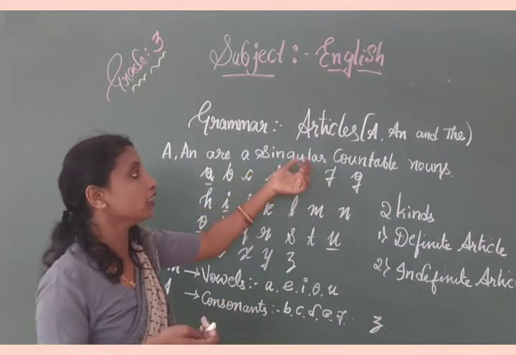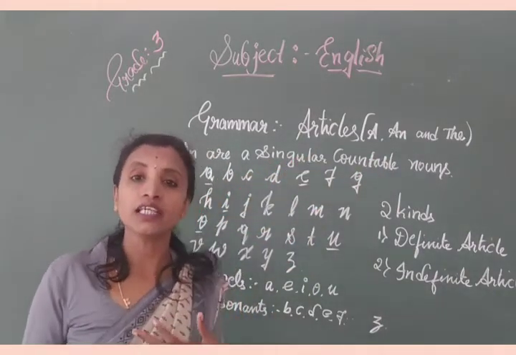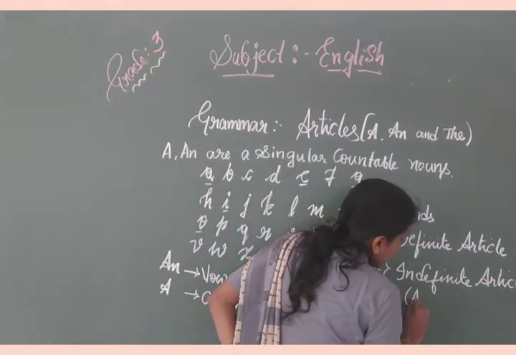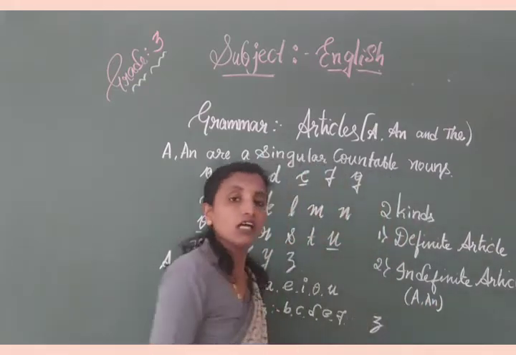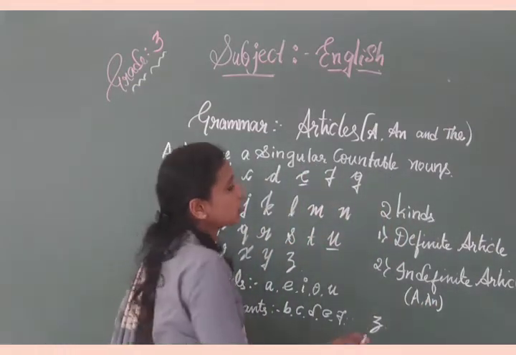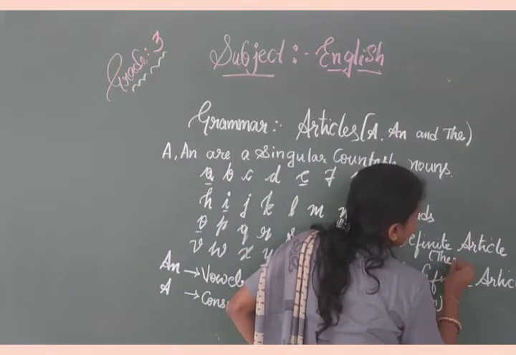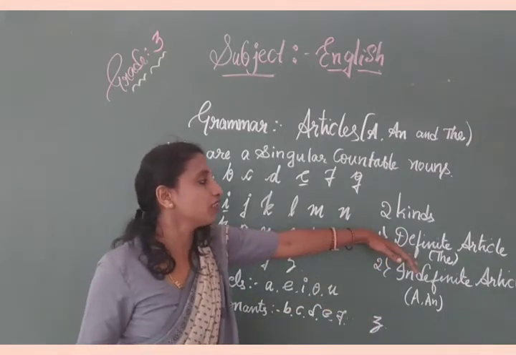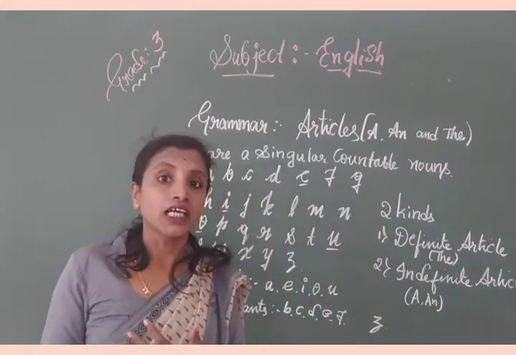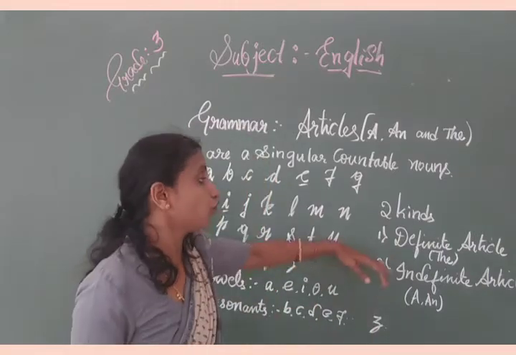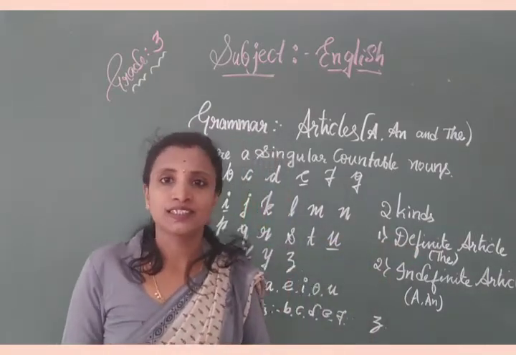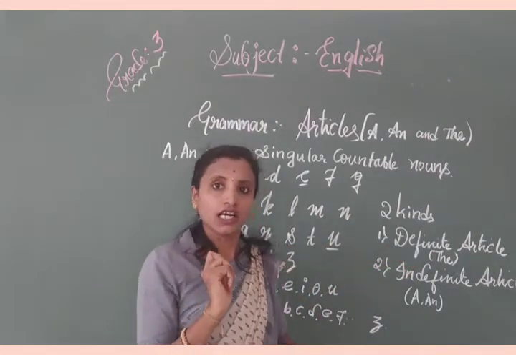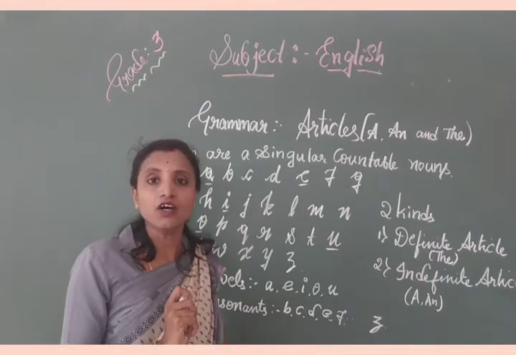They are singular countable nouns. A and an come under the indefinite articles, and the comes under the definite article. The is used for particular things. For particular things we have to use the. Any doubts about it? Is it clear?